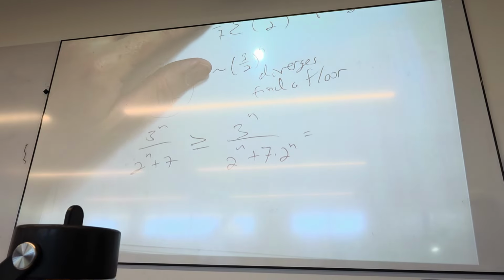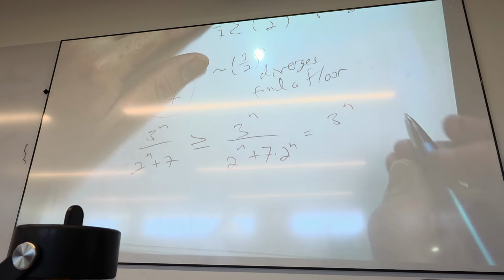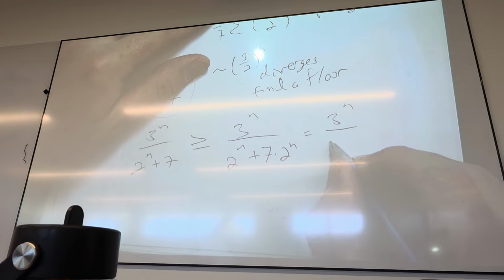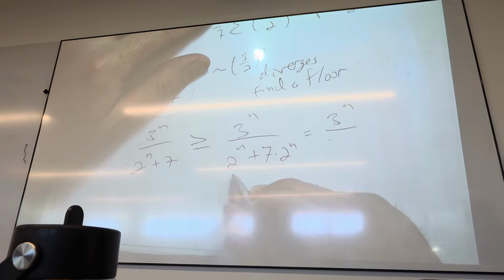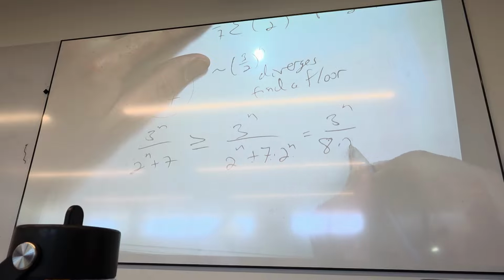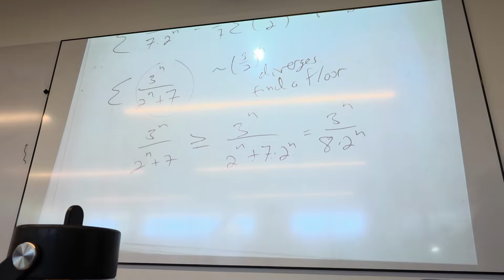I have 1 2 to the n plus 7 2 to the n's. How many 2 to the n's do I have down here? I have 1 plus 7 of them. I got 8, yes? Okay.